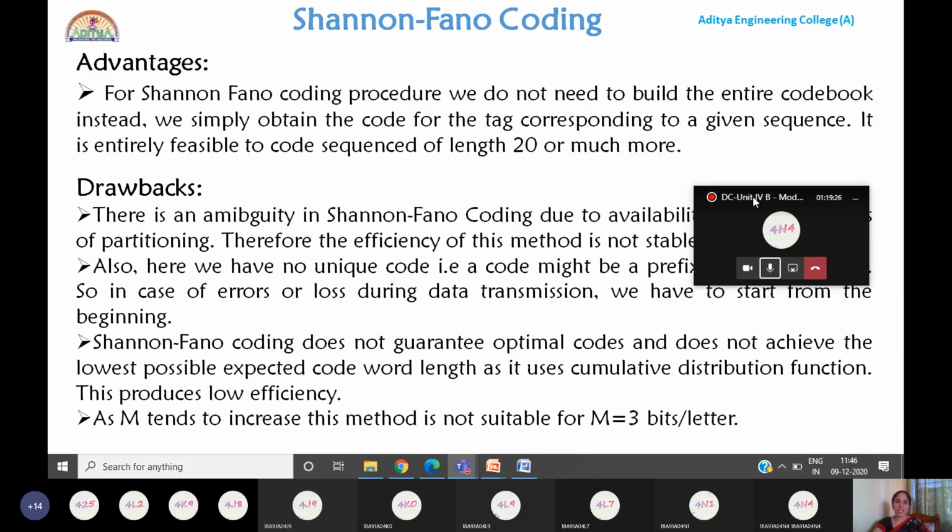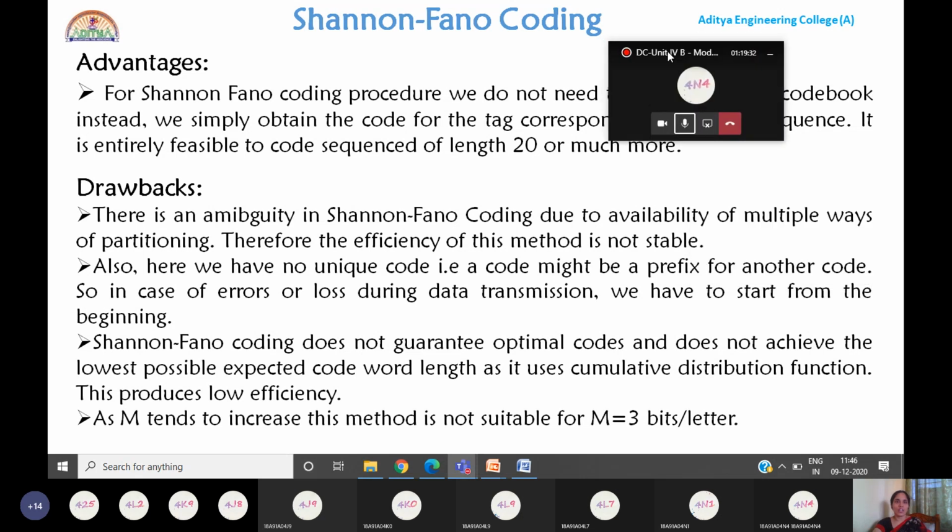But this Shannon Fano coding method has a lot of drawbacks. Listen to these drawbacks. First, there is ambiguity in the Shannon Fano coding process due to the availability of multiple ways of partitioning.